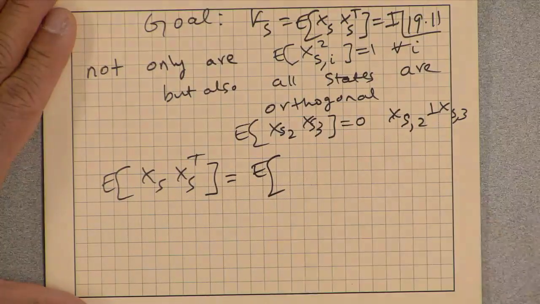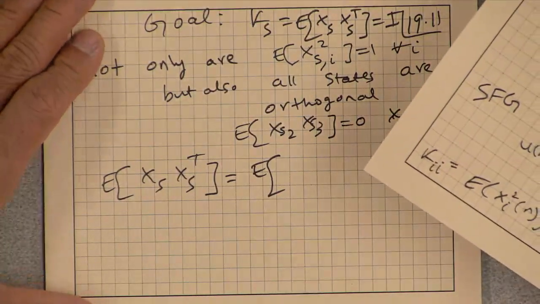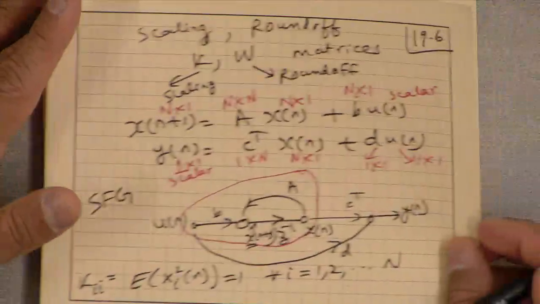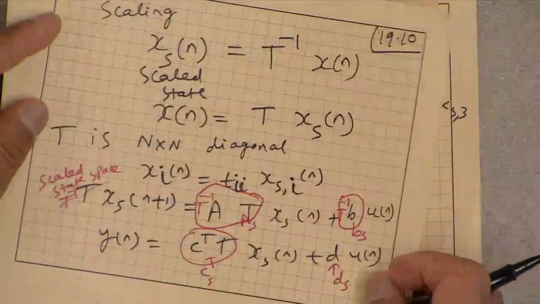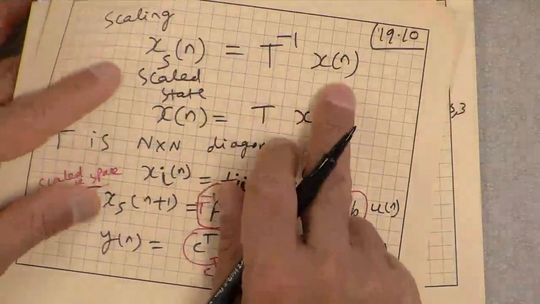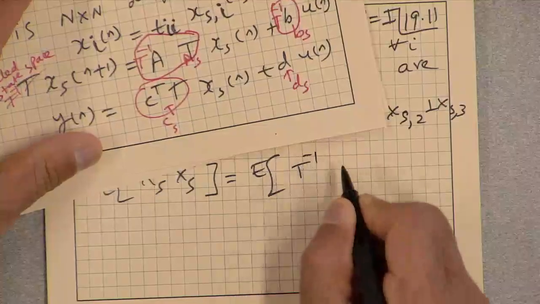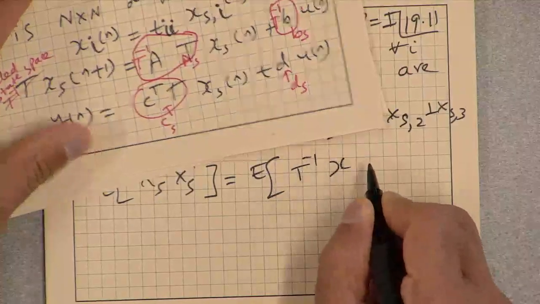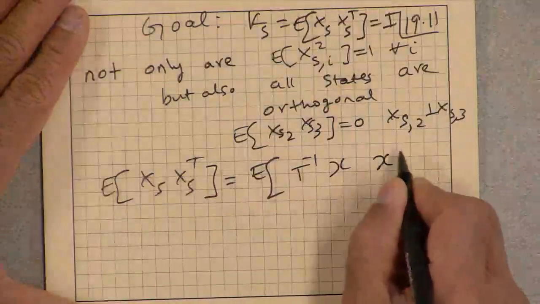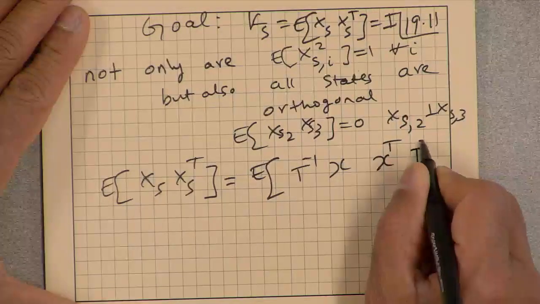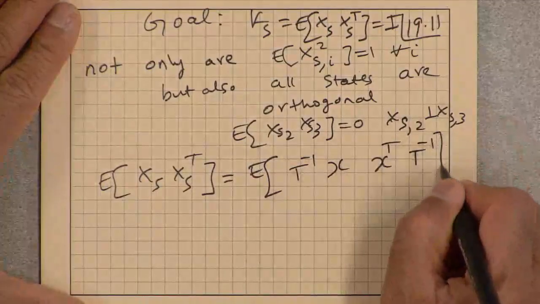Okay, so what is the expected value of x scaled transpose times x scaled? x scaled is T inverse x. So that is going to be T inverse x times the transpose of that, which is x transpose times T inverse. T is a diagonal matrix, so don't worry about its transpose.